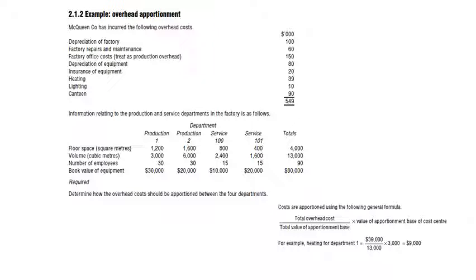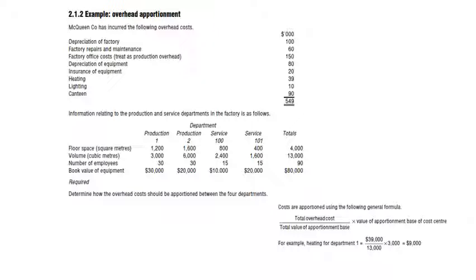They have also provided the number of employees in each department: 30 for department 1, 30 for department 2, service department 15, and the second service department 15, and total employees that work in that factory is 90. Then we have the book value of equipment: $30,000 for production department 1, a machine which works in department 1 that has a total value of 30,000.